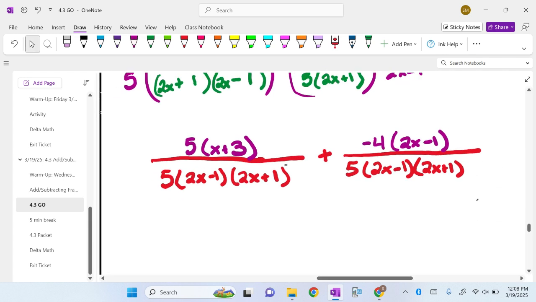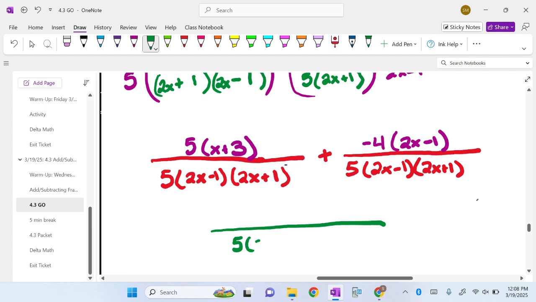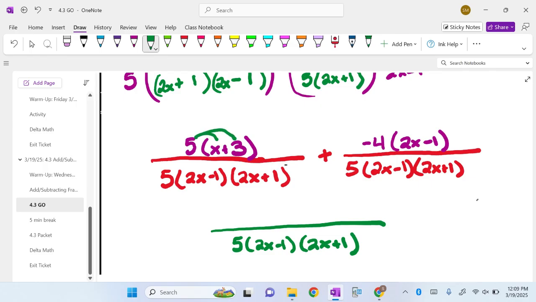Now, I'm going to skip a step and go ahead and write it as one fraction, but also just go ahead and distribute and write out all the terms. So we don't have to rewrite it and then condense it. Just save you guys some space. So this is going to be 5 times 2x minus 1, 2x plus 1 on the bottom. If I distribute the first set, what do I get?